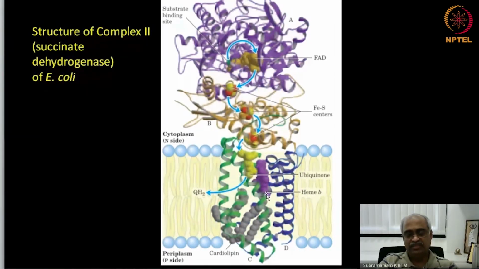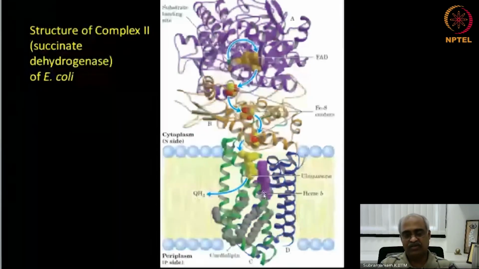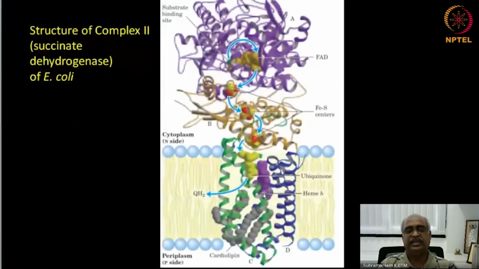People believe that this prevents leakage of the electrons in this pathway, and if that leakage is not blocked, the free radicals formed through the free availability of electrons end up damaging the membrane and other proteins.